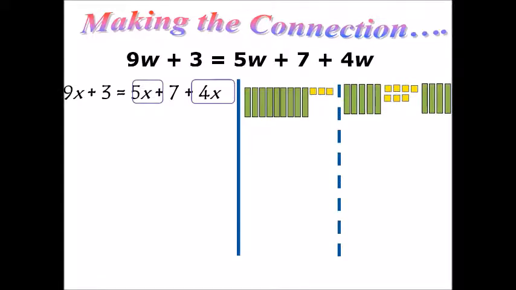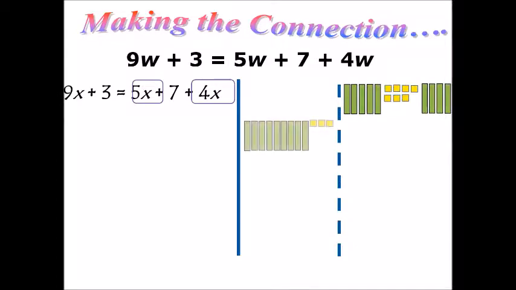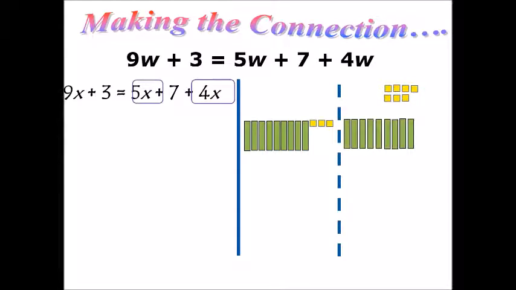On the left-hand side, we will bring down our 9x and our positive 3. On the right-hand side, we will combine the two separate groups into one larger group of 9x and then bring down our 7. Our new simplified version at this point looks like 9x plus 3 is equal to 9x plus 7.